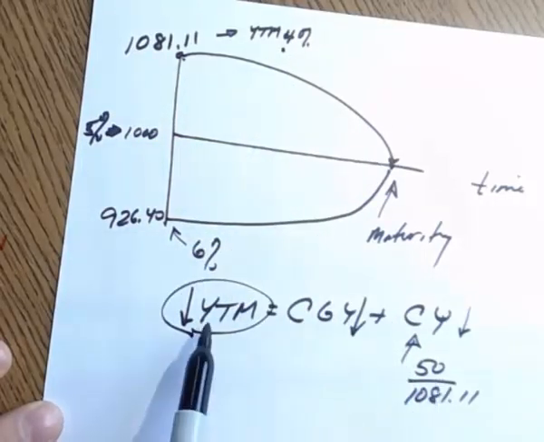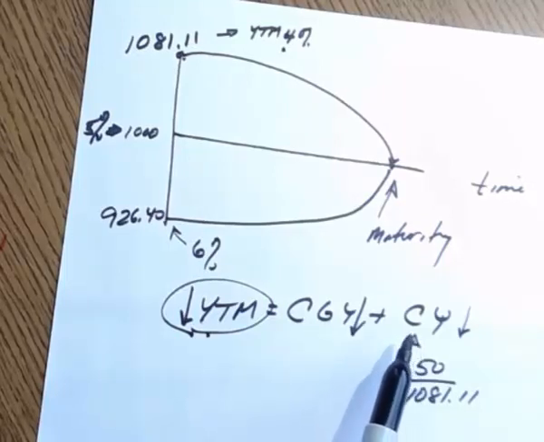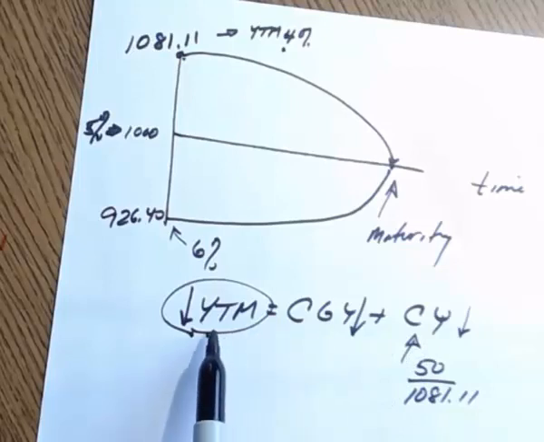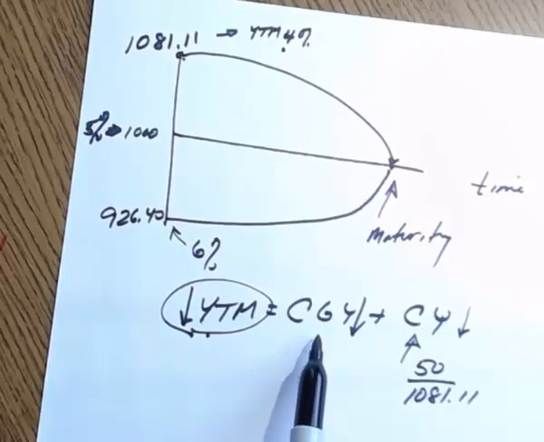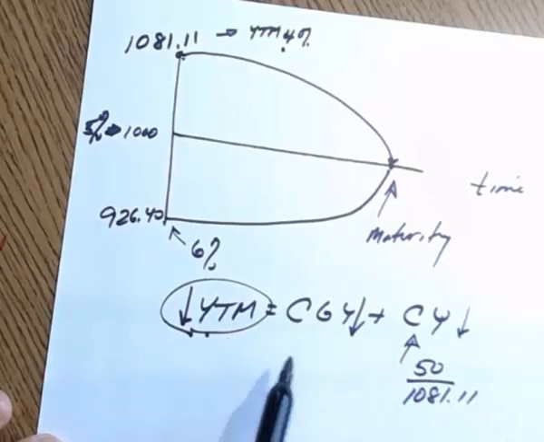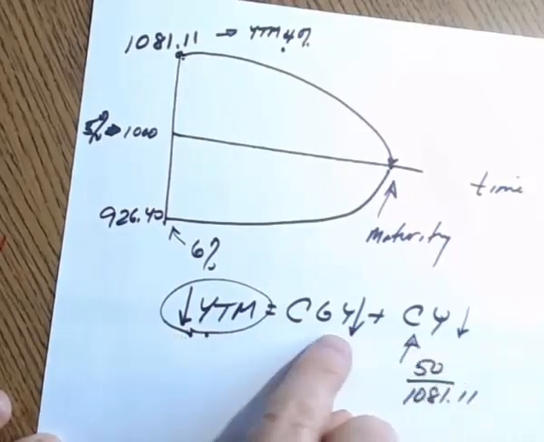But remember, the yield to maturity has two components. And it's basically a total return. Any asset has two components. It has a capital gain yield and some type of cash flow yield. With a bond, the yield to maturity is the total return. There's a capital gain component because the bond will increase or decrease in price. And then you have a cash flow component. And so what happens is, notice that the yield to maturity falls because these two fall.